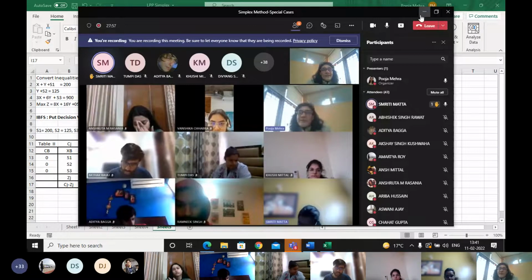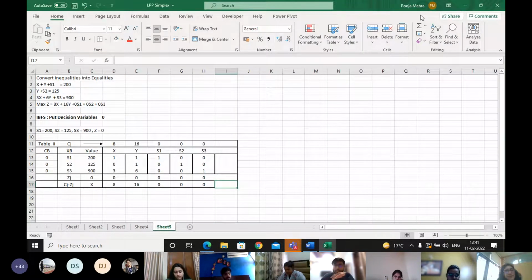Now what is the criteria for optimality, Smriti? Ma'am, we need to calculate the ratio. No, for calculating the ratio we need the key column, and for deciding about the key column we first need to check the optimality criteria. So it is a maximization problem. What is the optimality criteria?